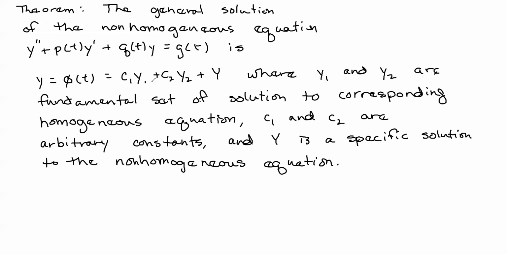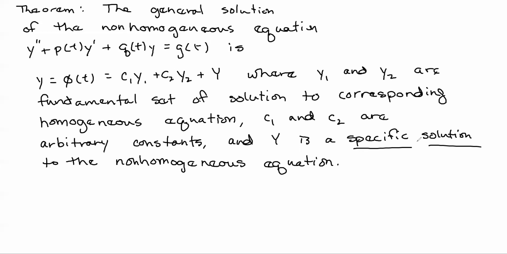So it's got some C's in it. Okay, and it says that it's a combination of two pieces. One here, the C1 y1 plus C2 y2, comes from the homogeneous equation, and then two, the solution capital Y, which is what's called a specific solution. I can't remember if we've used that term yet, but specific solution just means that it's not the general solution, it's a solution like any old solution, just one solution.